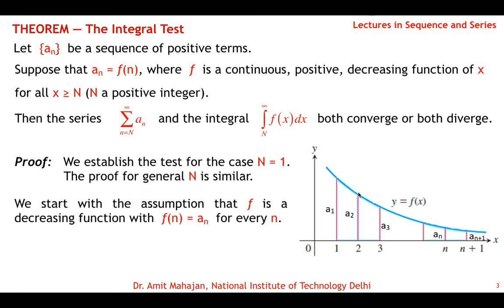I can join here like this, and so this becomes a rectangle of area a2 because the height is a2 and this base is 1 unit. Similarly a rectangle of area a3, and so on, a rectangle of area an. So that's one case.